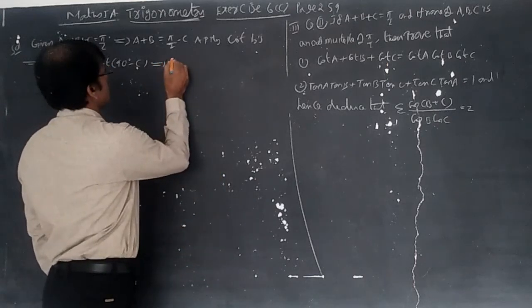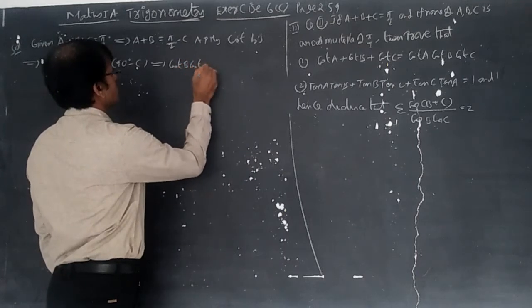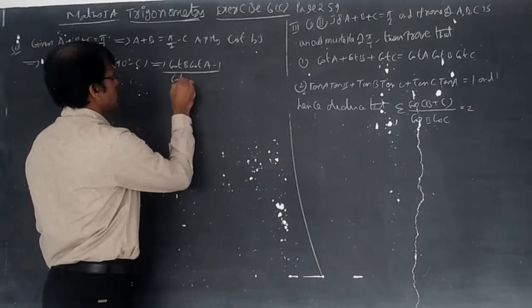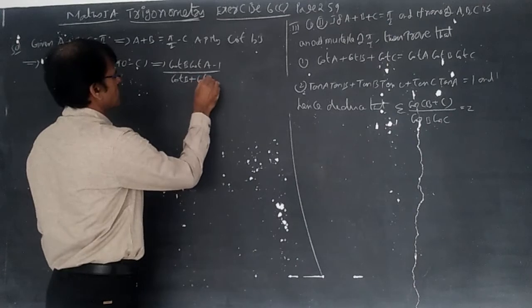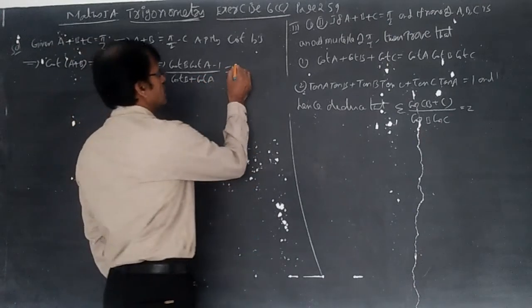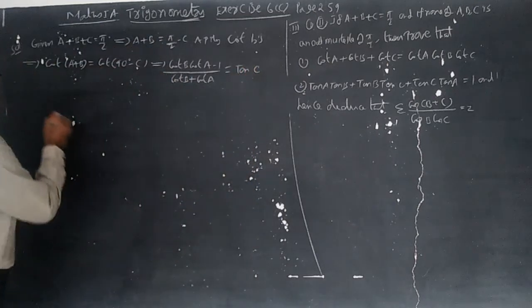That implies cot of a plus b, by the formula, is cot b cot a minus 1 by cot b plus cot a, which is equal to cot of 90 minus c, becomes tan c.